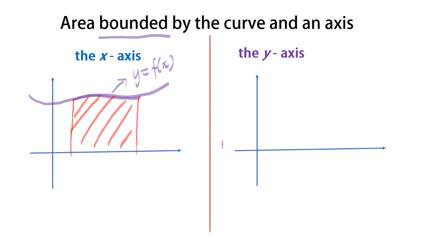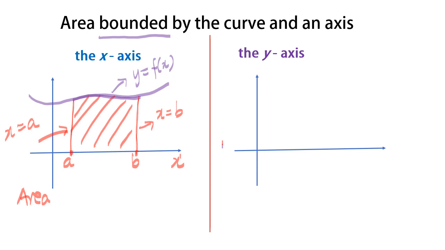We can let the equation of this vertical line be x equals a. So the x coordinate on the x-axis will be a. Let's say this other vertical line has the equation x equals b, and this point here will be the x coordinate on the x-axis, let it be b. So to find this area, let's check if it's bounded.